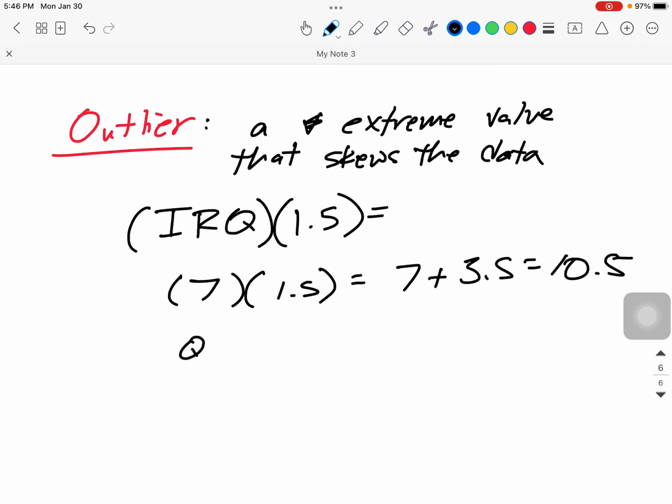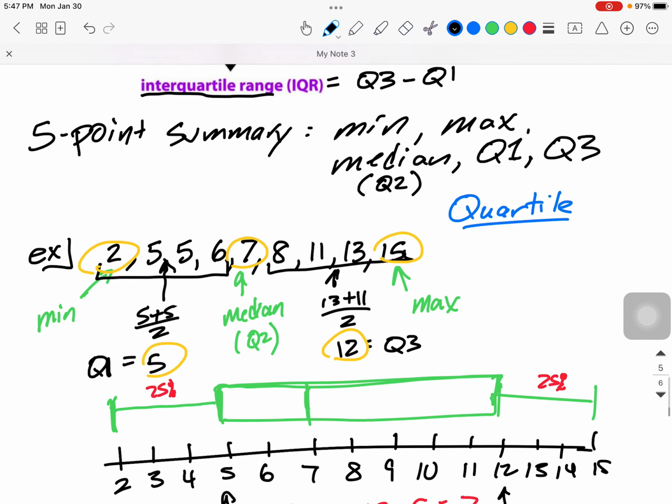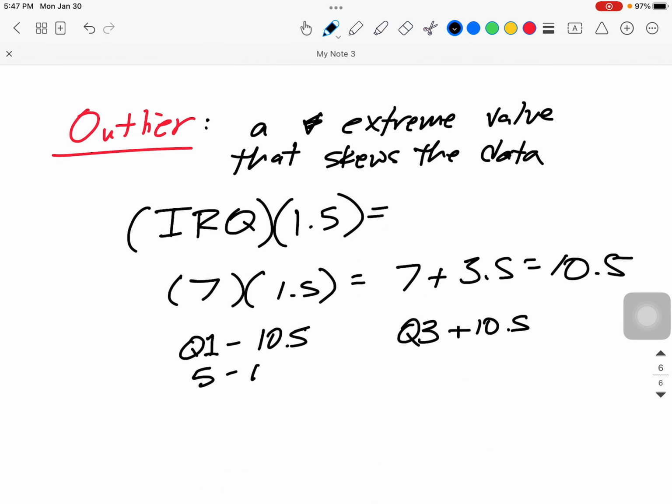You take quartile 1 and subtract 10.5, and you take quartile 3 and add 10.5. So in the last example, we had 5 and 12 as our numbers. Gotta wrap this up because YouTube's gonna kick me off. So what I get here is negative 5.5 and 22.5.